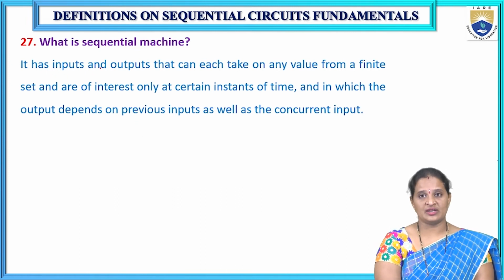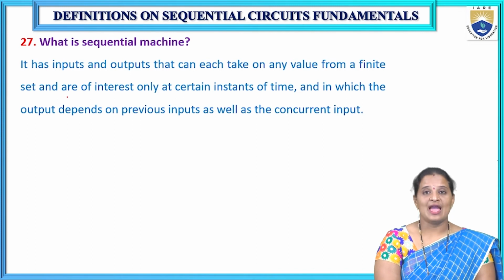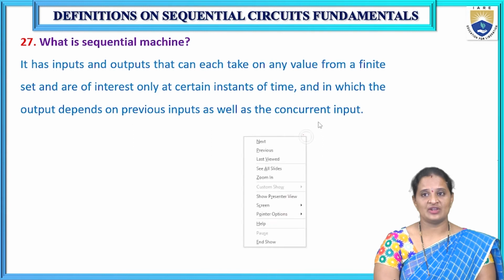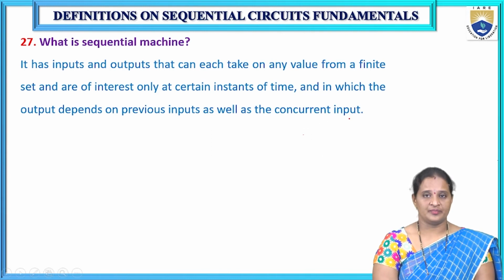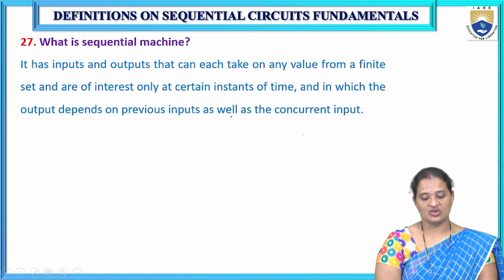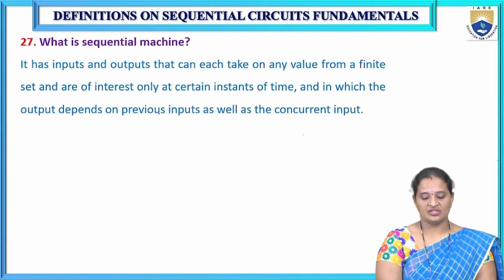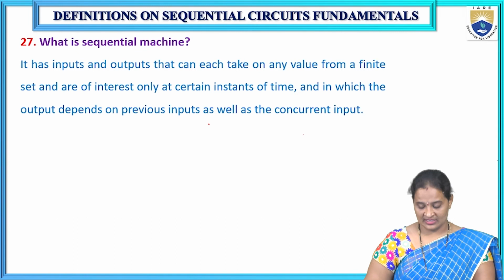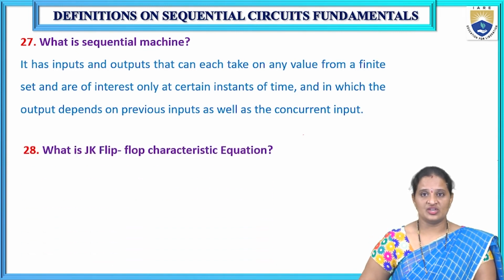It has inputs and outputs that can each take on any value from a finite set and are of interest only at certain instants of time, and in which the output depends on the previous inputs as well as the current input. So this is a sequential machine.